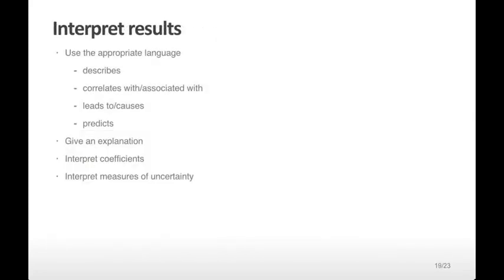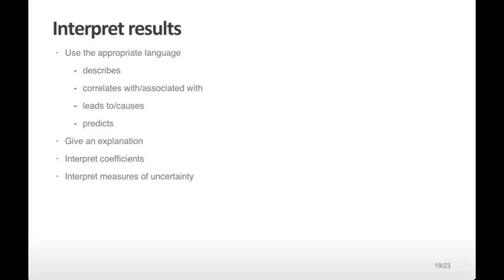We next need to interpret the results. Here it's critical that we use the appropriate language. If you've done a descriptive analysis, you should use words like describe rather than words that include some description of a prediction or an inference. When you're doing an inference, you might want to use words like infers, correlates with, or is associated with.